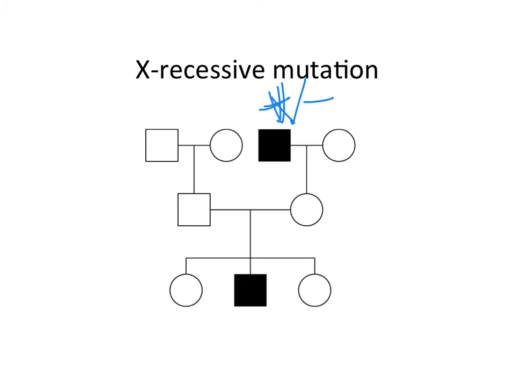So my grandfather on my mom's side has colorblindness. My mom's a carrier, and I happened to get the bad version of her X chromosome. So she's heterozygous. So I had a 50-50 chance of getting the good chromosome or the bad chromosome. I got the bad version, so I'm colorblind.